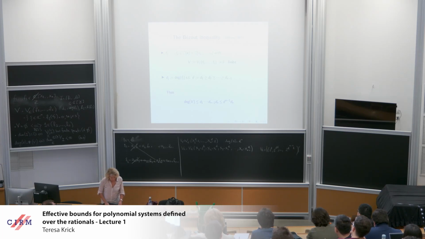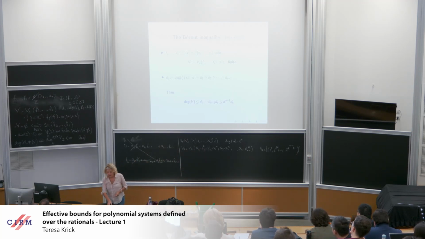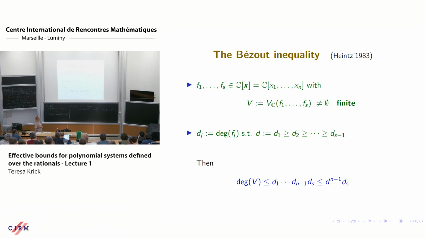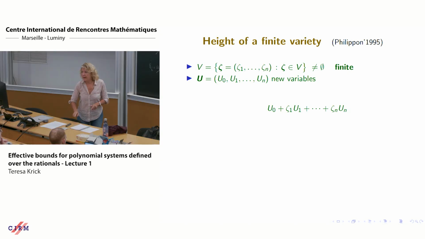So anyway, this example is not random. It was to introduce that we have an arithmetic version of this Bézout inequality. And the arithmetic version we have of this Bézout inequality is based on the notion of height of a variety.